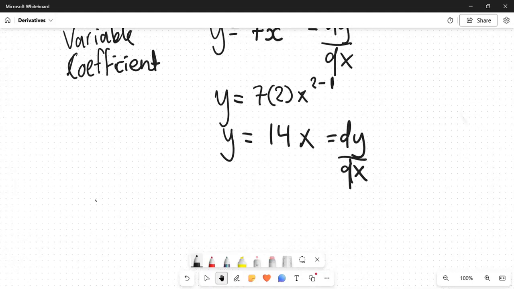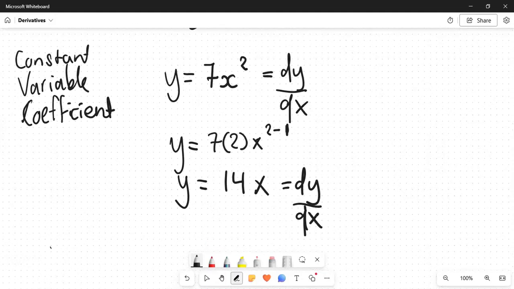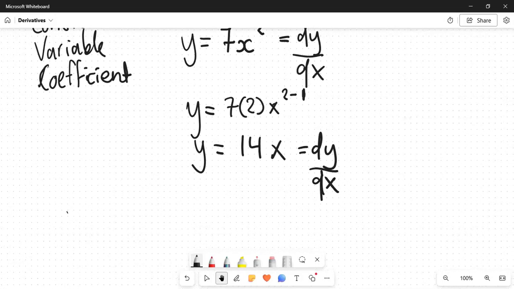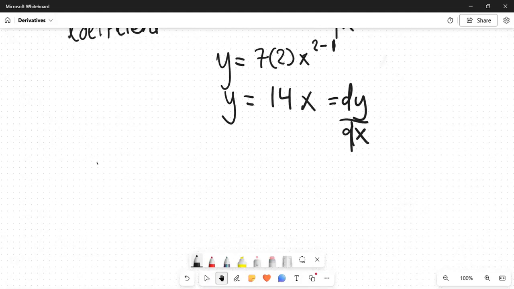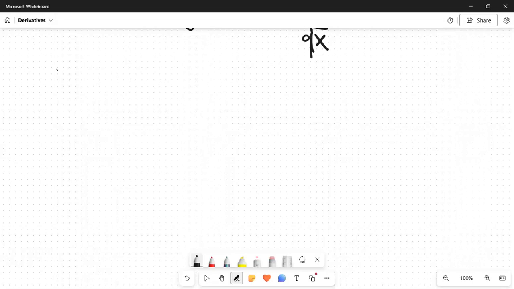Now, I'm going to give another term, a quadratic term, it can be a cubic term. But before I get into that, let's find the derivative of f(x) is equal to x squared plus 5x cubed.